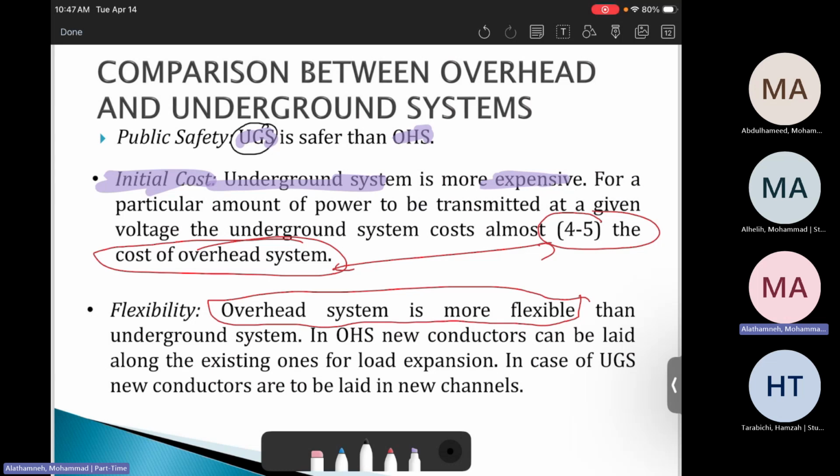You cannot make it anywhere, so it's not flexible. If you need to make any load expansions or add new conductors, in the overheads you can make it, while in underground you will be limited. You cannot do it everywhere.